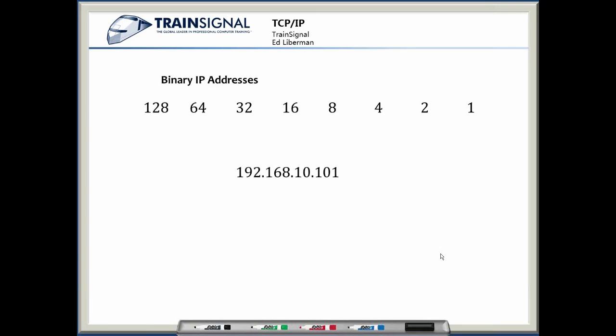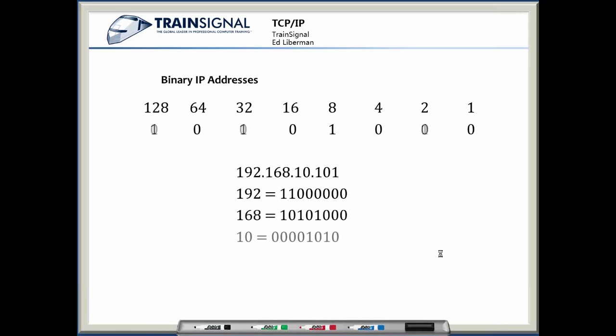So we take an IP address like 192.168.10.101, and what we have to do is take that 192 and convert it to binary, and you get 11000000. You take the 168 and you convert it, and you get 10101000. You take the 10 and you make it 00001010.